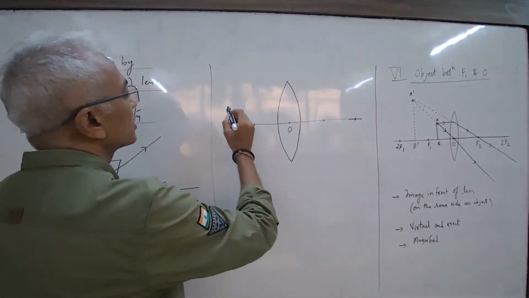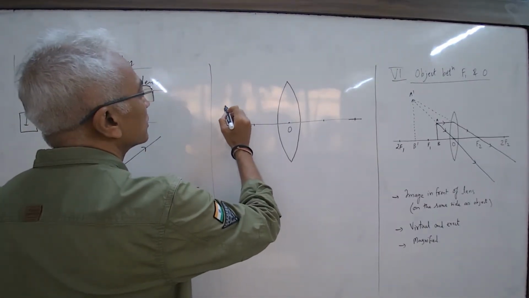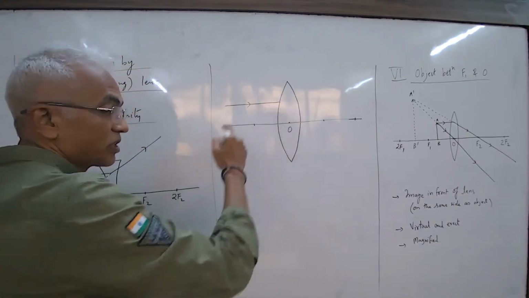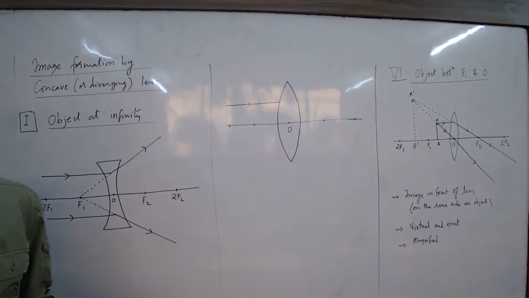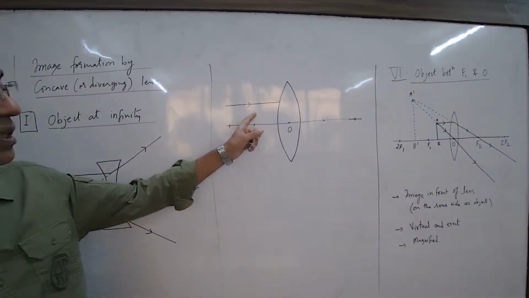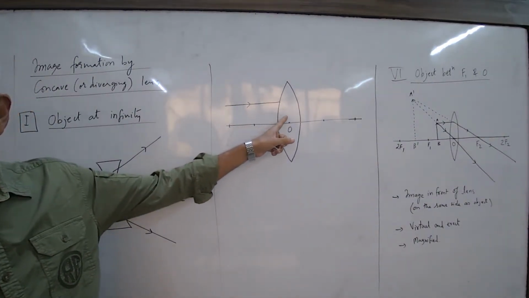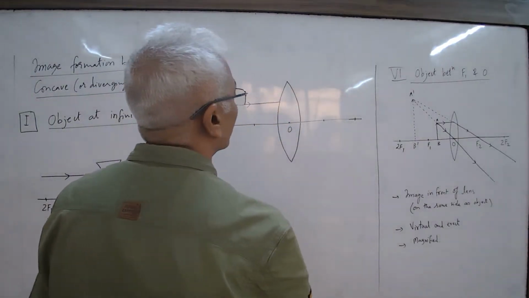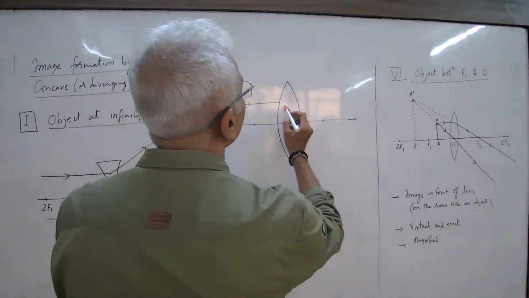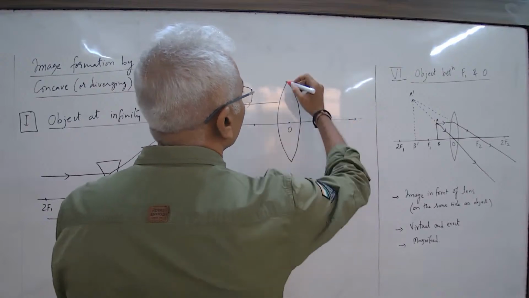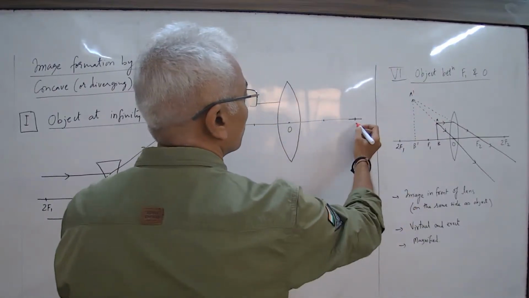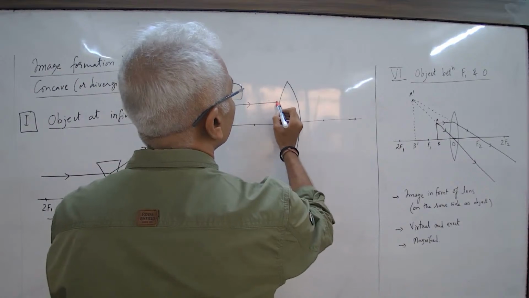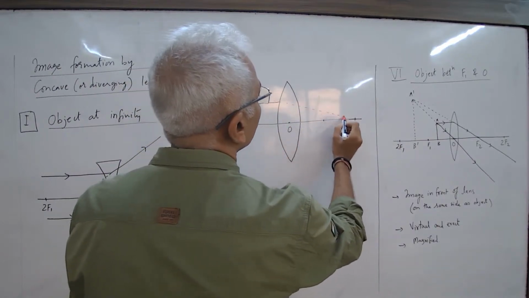Let us say the first refraction takes place here. It is entering from rarer to denser, so the bending should be towards the normal. So where is the normal here? When you complete the curvature, this is the point of incidence.